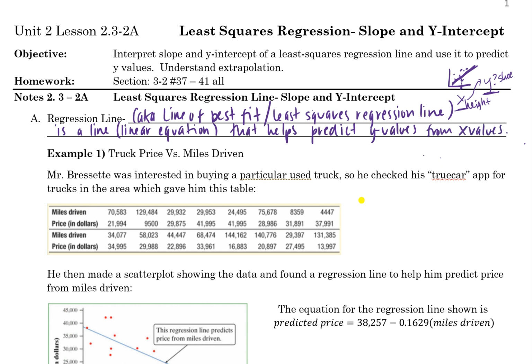Okay? I'll now show you an example of what I mean and why it would be convenient and nice to have an equation to use rather than just eyeballing it with a scatter plot.